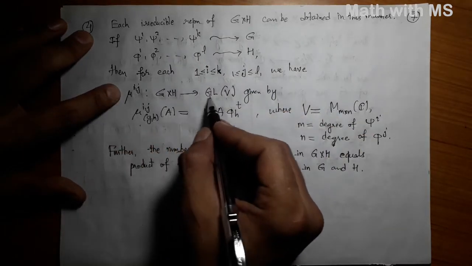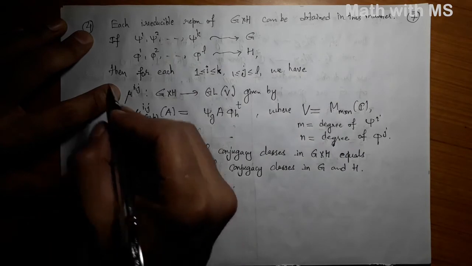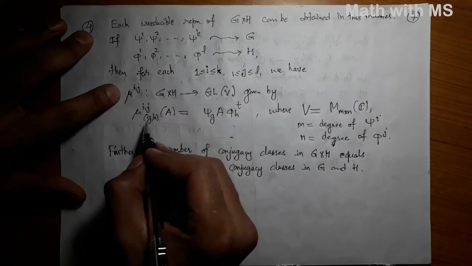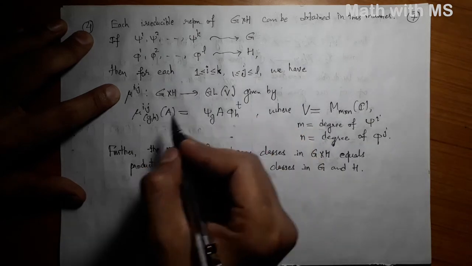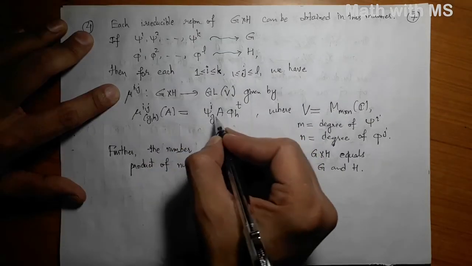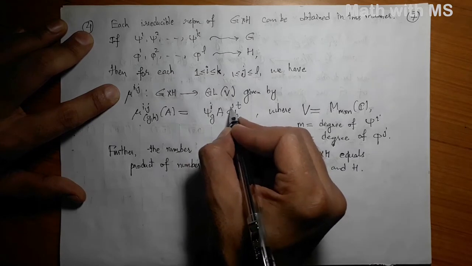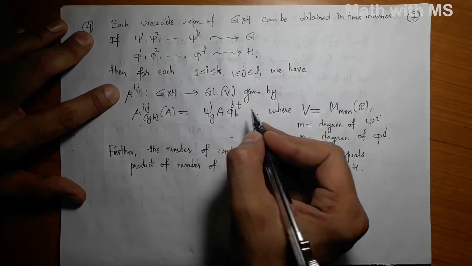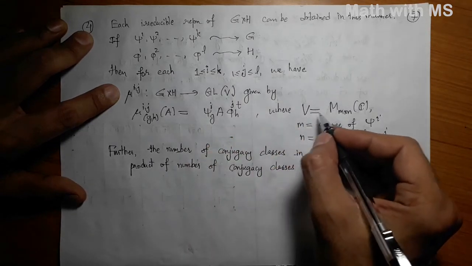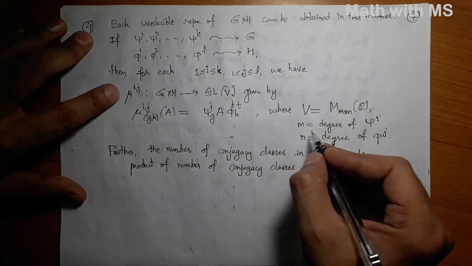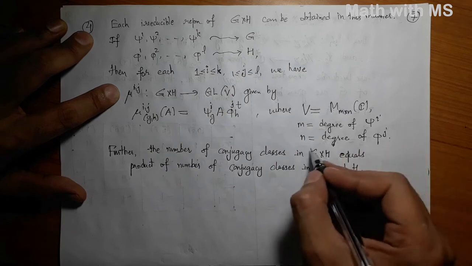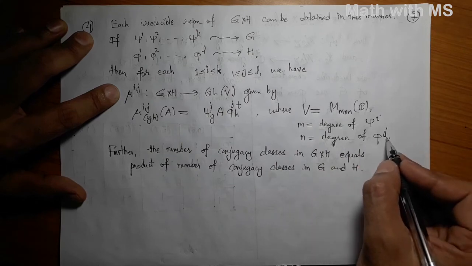Then for each i from 1 to k and each j from 1 to l, you define mu_ij from G cross H to GL(V) as follows, by the same formula actually. So mu_ij of gh acting on an element A of this vector space V is psi_i of g A phi_j of h transpose, okay, where V is the vector space of all m by n matrices over C, with m being the degree of psi_i and n being the degree of phi_j.